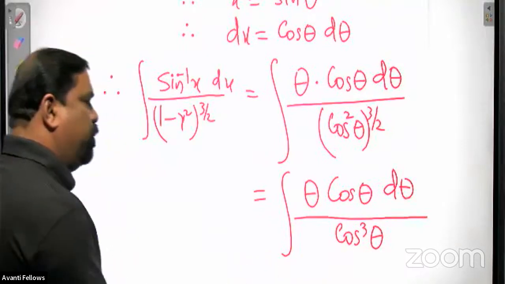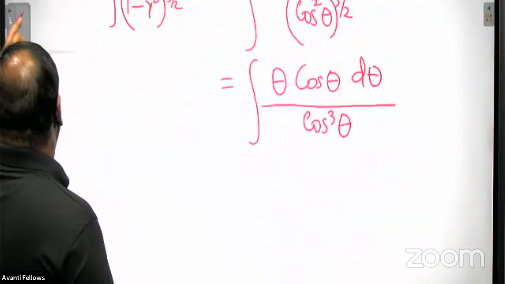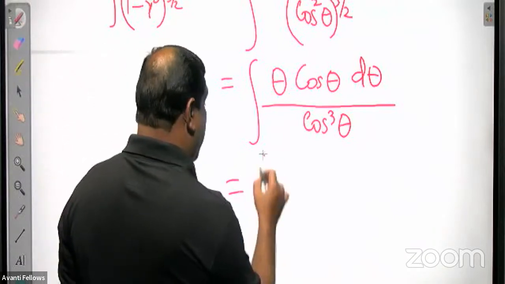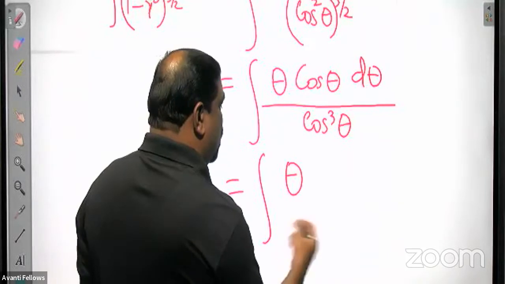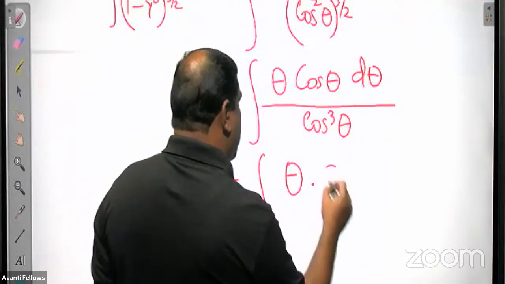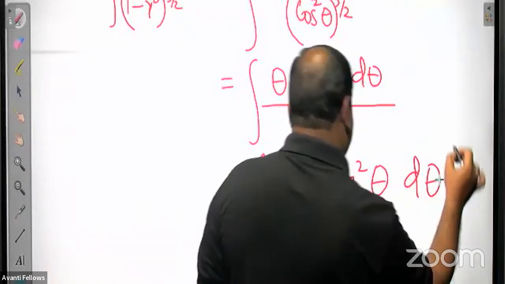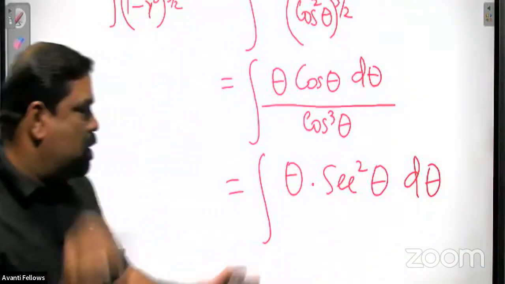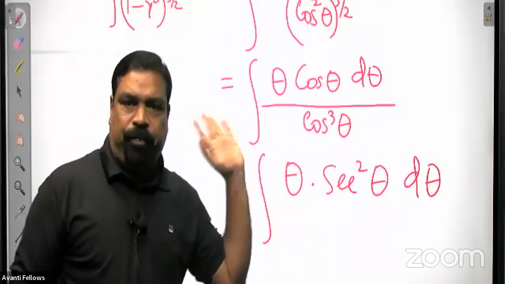Cos theta by cos cube theta means cos theta will cancel. So what is remaining? Integral of theta divided by cos square theta. 1 by cos square theta is sec square theta. So finally, you will get integral theta sec square theta d theta.